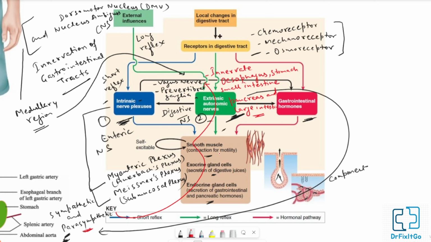The remaining part of the GIT receives parasympathetic fibers through the pelvic nerve. Parasympathetic nerves are cholinergic and release acetylcholine. The function of parasympathetic nerves is to stimulate smooth muscle contraction and glandular secretions.